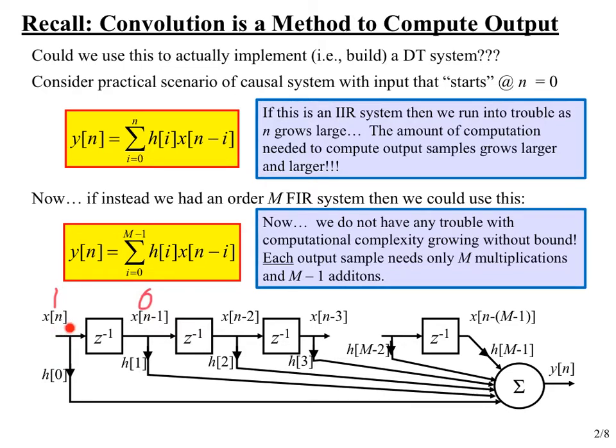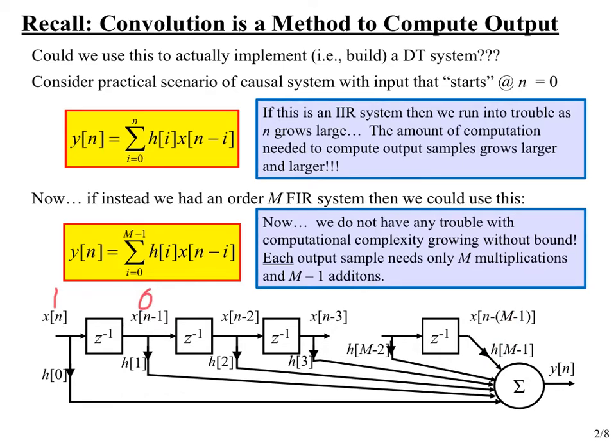So we would have an x of 1 getting multiplied by an h of 0 and going to the sum. We would have an x of 0 multiplied by an h of 1 going into the sum, and then all of the other terms coming in would be zeros.